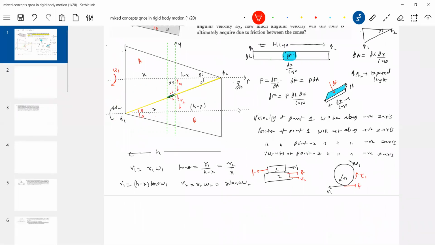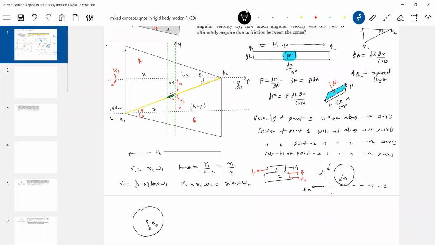Similarly, for the lower disk, the radius is R2. Tell me, the velocity of point 2 will be along the negative z-axis. So this is the negative z-axis, and this is the positive z-axis.